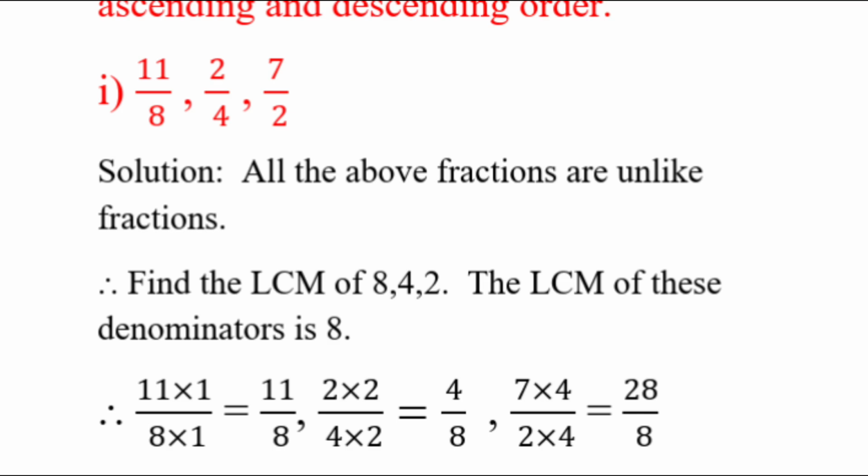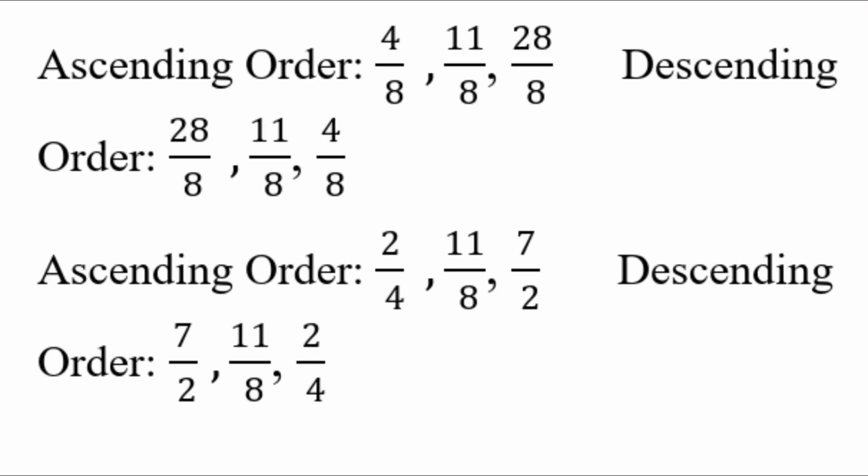The smallest is 4 by 8, then the bigger one 11 by 8, and then the next is 28 by 8. That will be the ascending order: 4 by 8, 11 by 8 and 28 by 8. And the descending order is the opposite: 28 by 8, 11 by 8 and then 4 by 8.